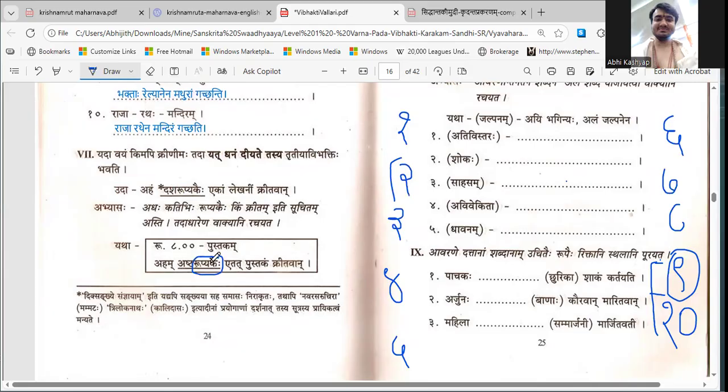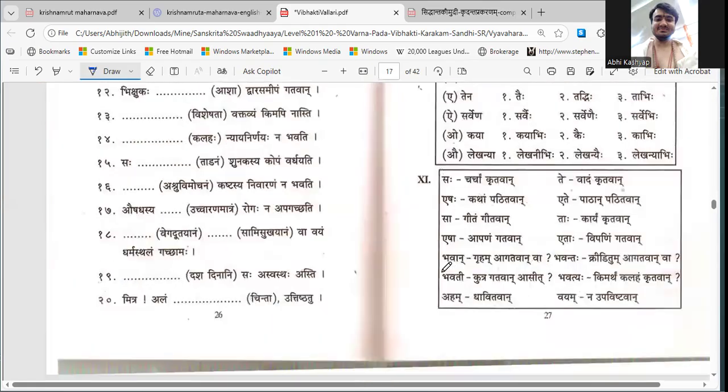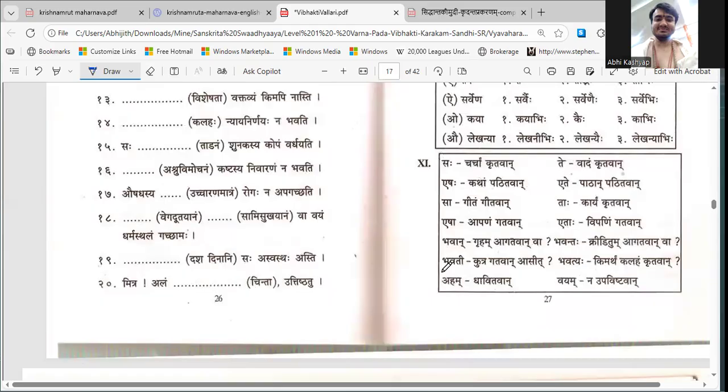So it is going to be rupya kaihi, that we are using over here. So this ending is going to be the same. What we have to change is we have to identify this and change it to words, and then we have to change the karma into dvitiya vibhakti. That's all.